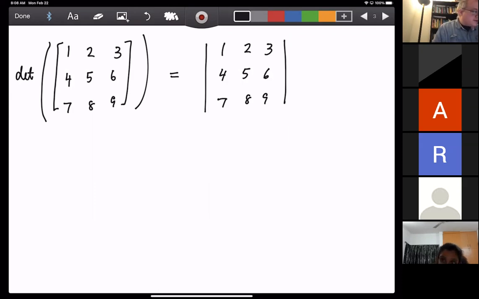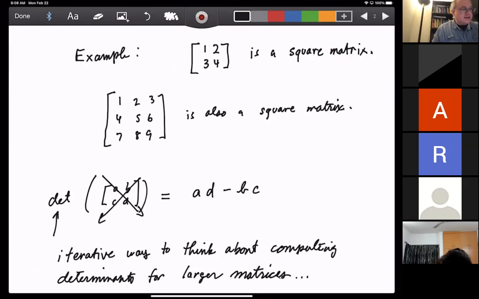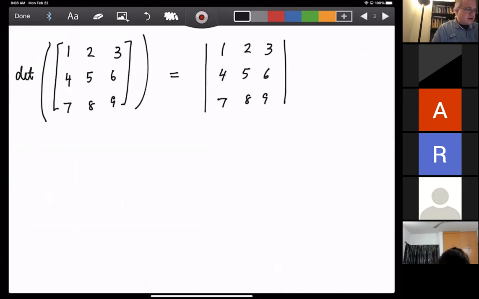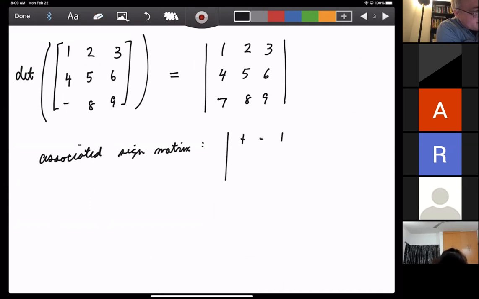So we have the function determinant. We could also write that by replacing the brackets that we use to represent a matrix with just vertical bars like this. And there's an associated sign matrix. It's a checkerboard pattern of plus and minus signs.